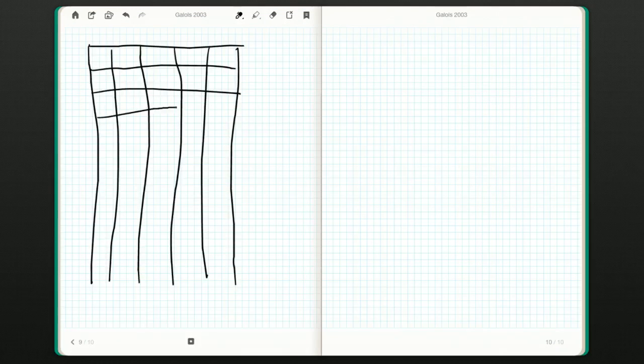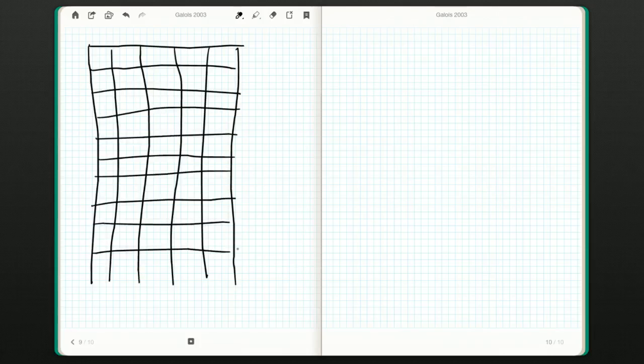That'll be 1 move, 2 moves, 3 moves, 4, 5, 6, 7, and finally 8 moves.